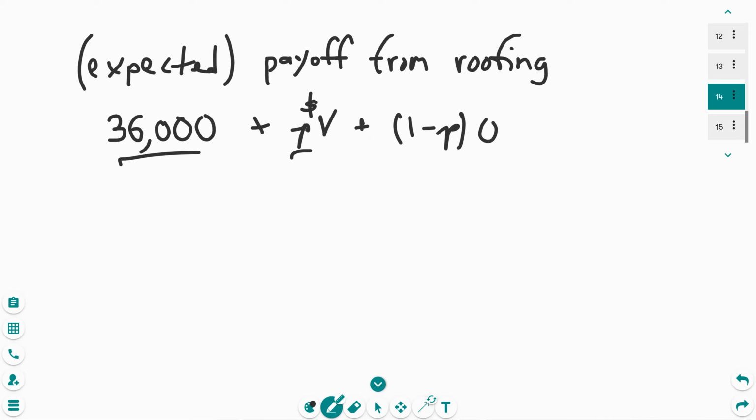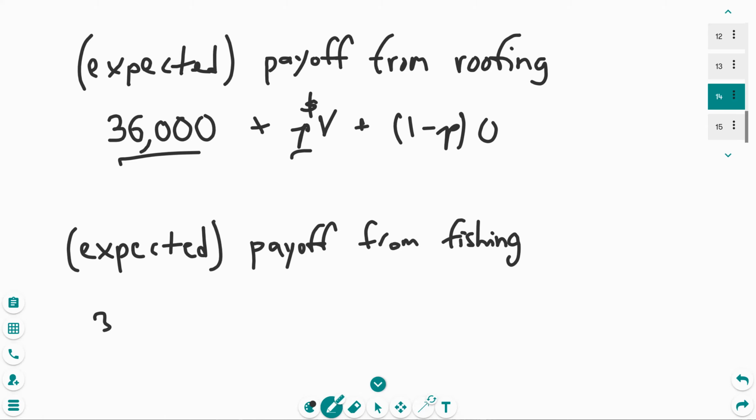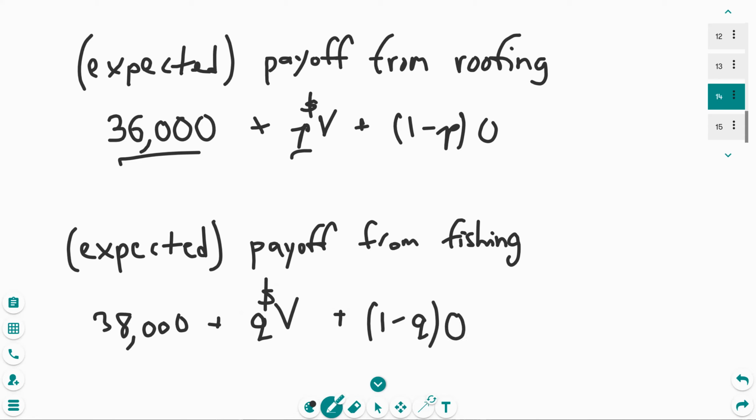Do the same thing for being a fisherman. You have some expected payoff from being a fisherman, and that's the $38,000 per year that you earn in salary, plus the expected value of being alive. I'm going to use the variable Q to denote the probability of surviving as a fisherman. So you have Q, probability of surviving as a fisherman, times the value of that, plus the probability of death times the payoff of death.